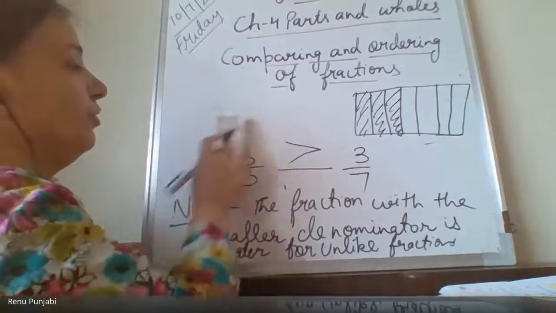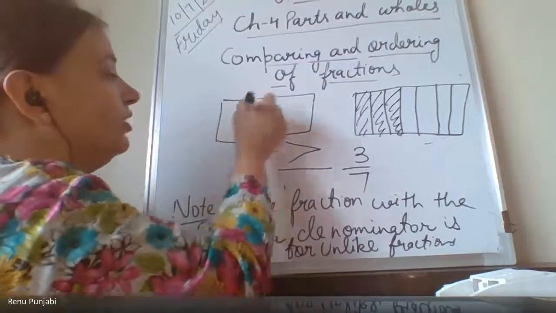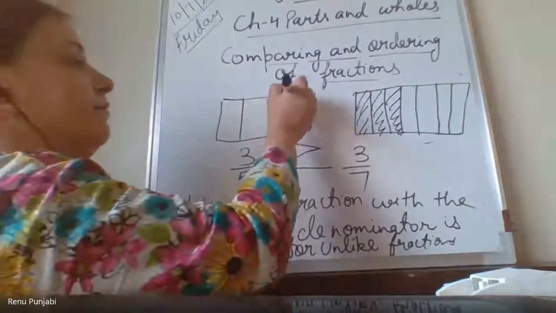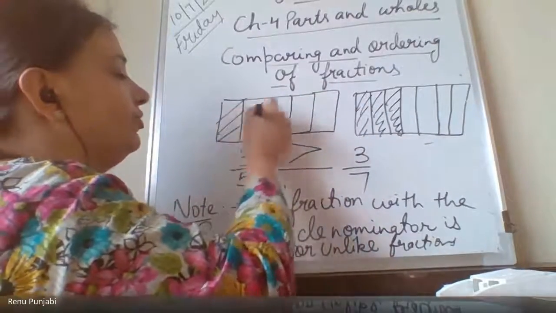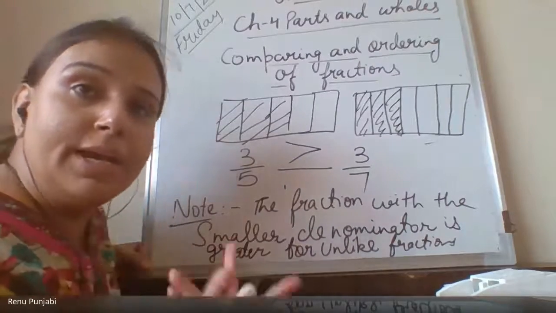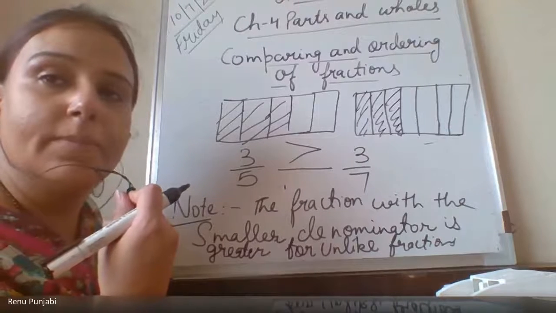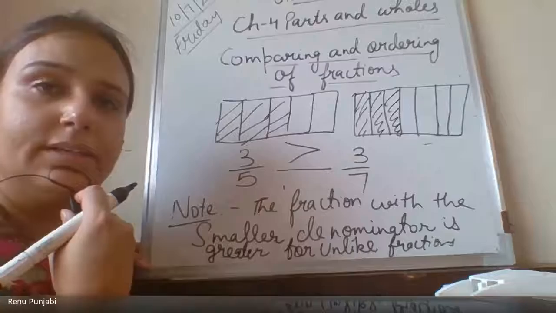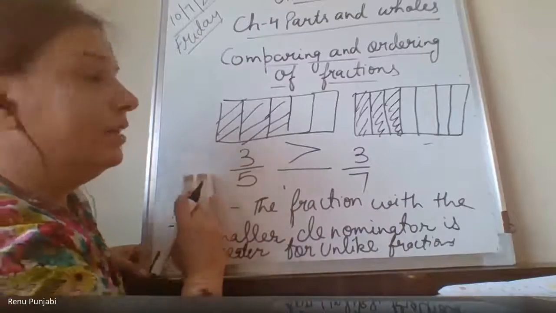So in 3 upon 5 you will get the bigger share. So which fraction is greater, my dear children? Yes, 3 upon 5 is greater and 3 upon 7 is smaller. Very good, children.